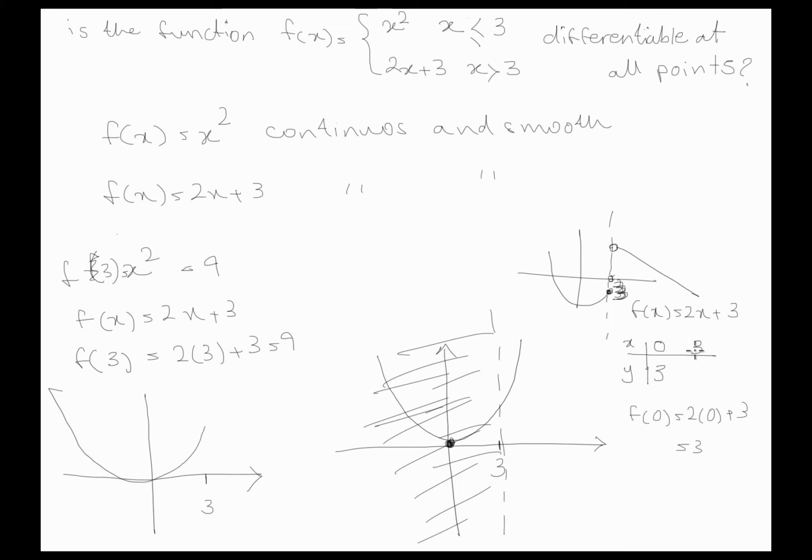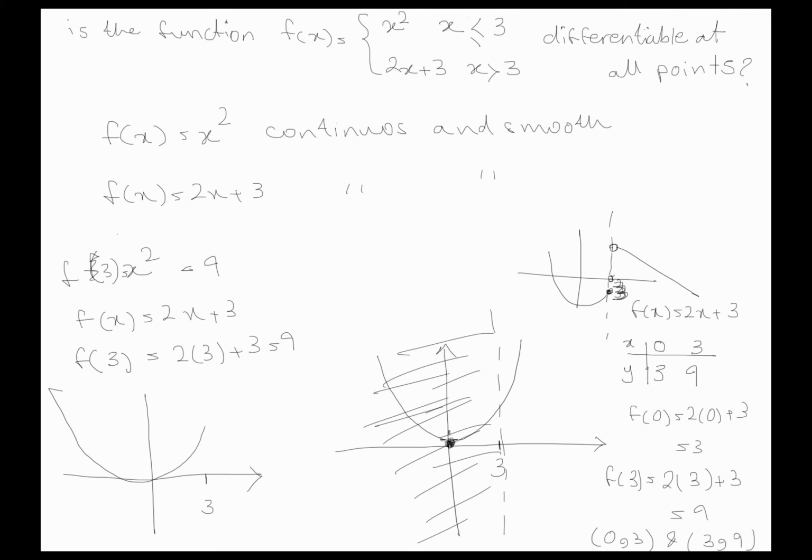So if you put in x of 3, you do the same thing. That's 2 times 3 plus 3, and that's 9. So that means the value of y corresponding to this value of x for this function is going to be 9. So now you have two ordered pairs: (0, 3) and (3, 9). Using these two values, you can now draw your line.